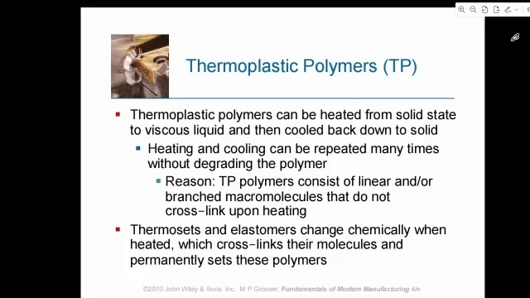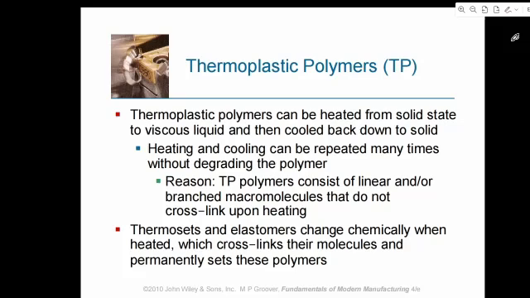The thermoplastic polymers, we talked about it, that they can be heated from solid to viscous liquid. Then you can return them back to solid if you cool them. And heating and cooling can be repeated as many times as one can without degradation of the polymer. The reason why they behave this way is because they have linear or branched macromolecules that do not cross-link upon heating.